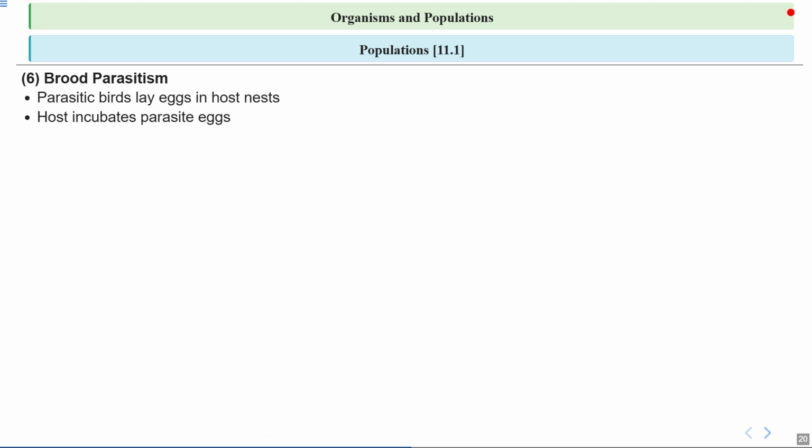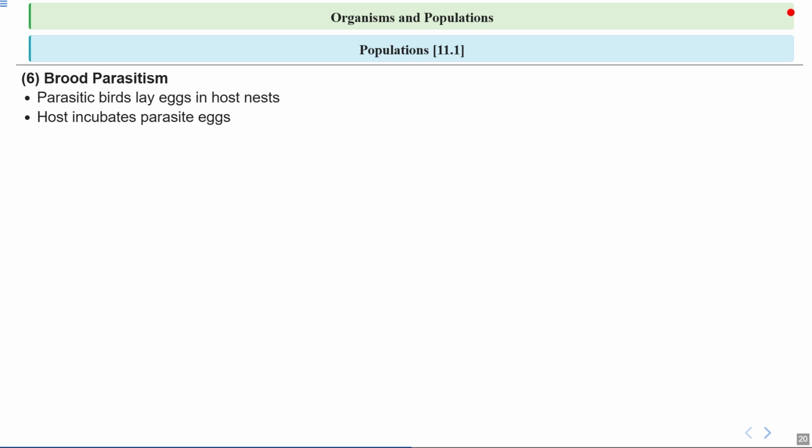Clear? So why is the host not able to recognize the eggs of the parasitic bird? Because these eggs look very similar, so the host doesn't realize that these eggs are not her eggs.